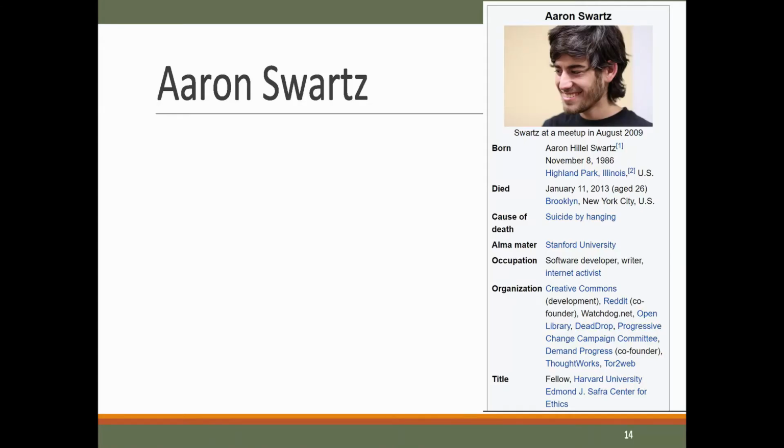So here's where it gets into life and death. This is a picture of Aaron Swartz, who was a postdoc at MIT, who was the co-founder of Reddit, a very active internet activist, and he got angry about the publishers taking the research that academics were doing and putting it behind a paywall and charging a lot of money for it.